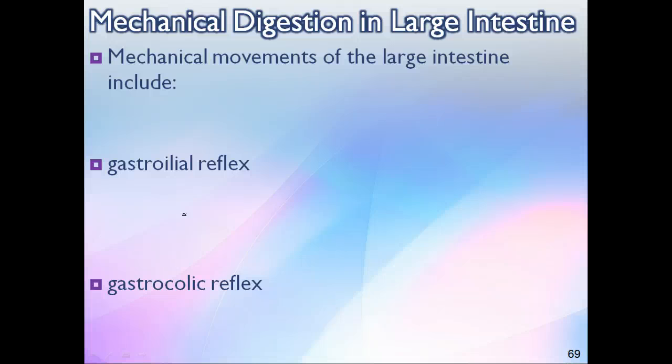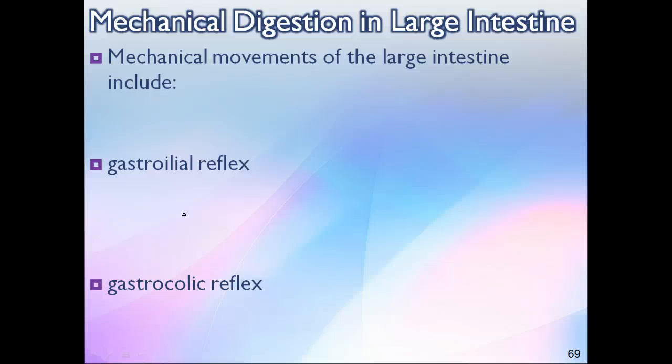Mechanical digestion in the large intestine is primarily going to be, again, that mixing, squeezing action associated with the muscular action of the large intestine. This muscular action not only is going to compact and compress the fecal matter as it extends through the large intestine, it's also going to aid in the absorption of water and electrolytes as it's squeezed out of the fecal matter as it's being propelled through the large intestine.